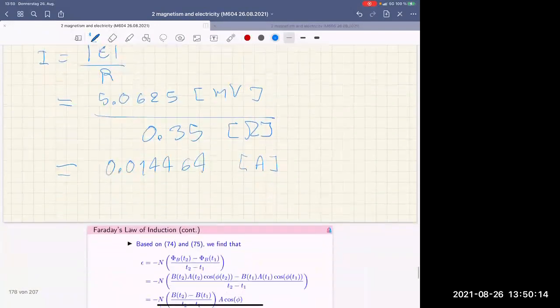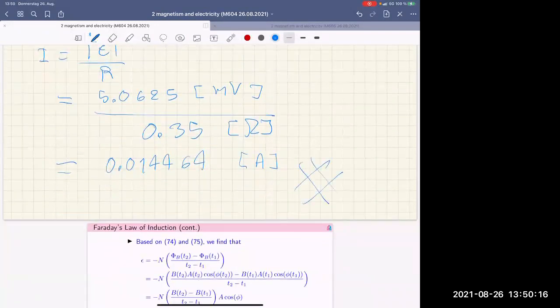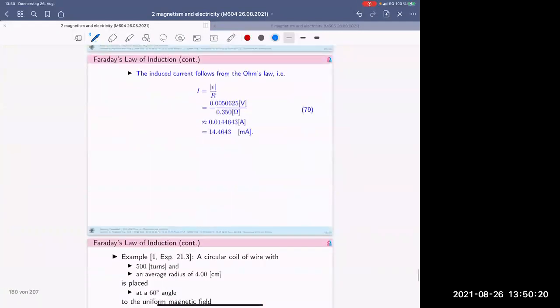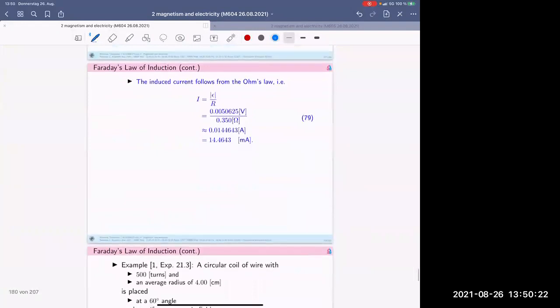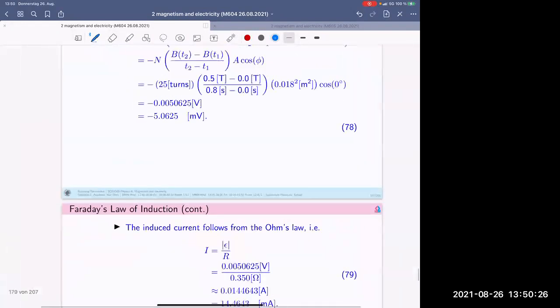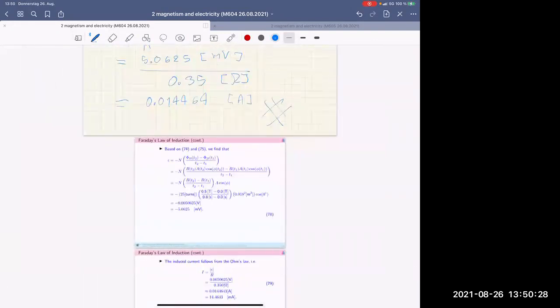That's the amount for the current. Let's check. Yeah, it's correct here, right? If you say it in milli scale, it's going to be milli, 14.464 milliampere. Both are correct if you want, but the last one would be more appropriate.